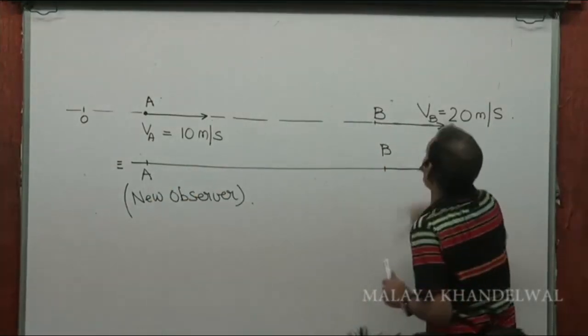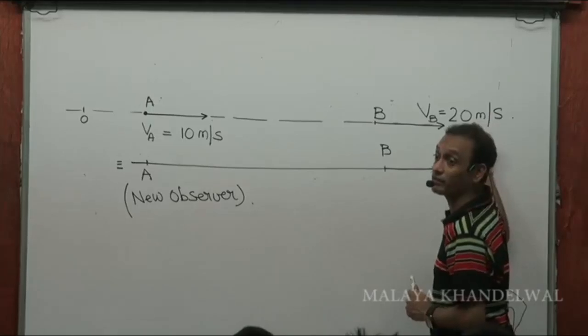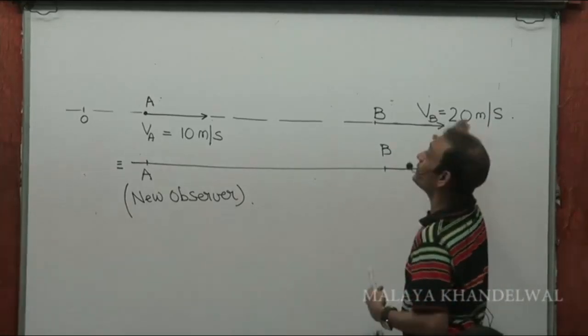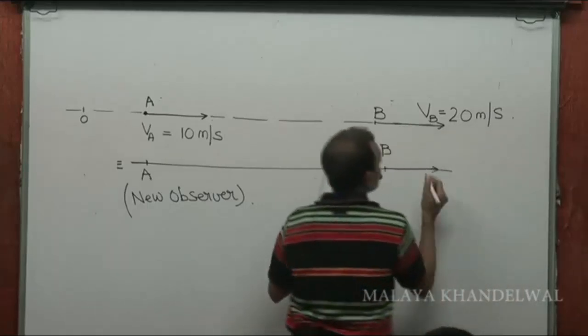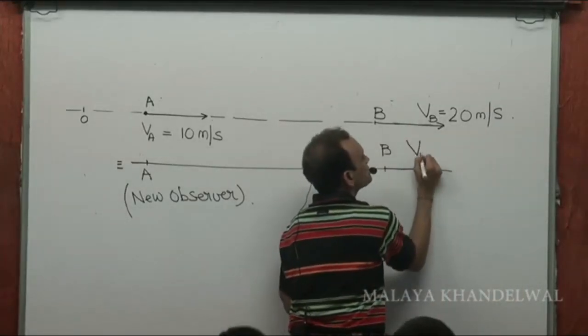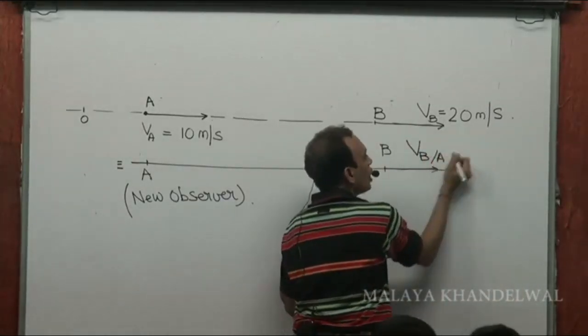This observer will not report on B a velocity of 20 meters per second, because he will report on B a velocity of 20 minus 10, which is 10 meters per second. So velocity of B as perceived by A is no longer going to be 20.